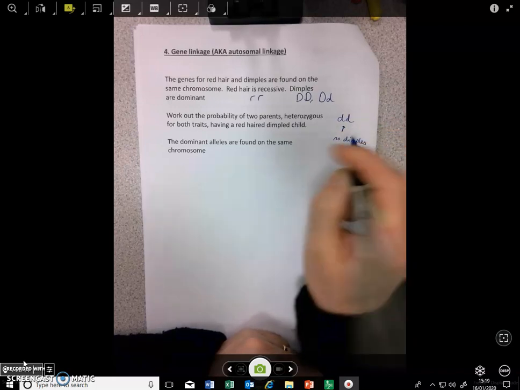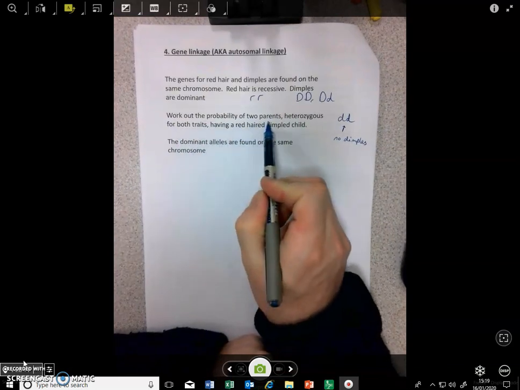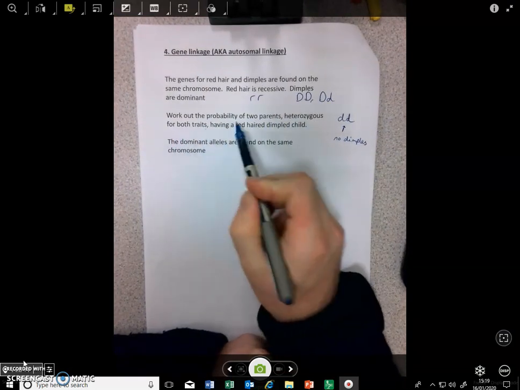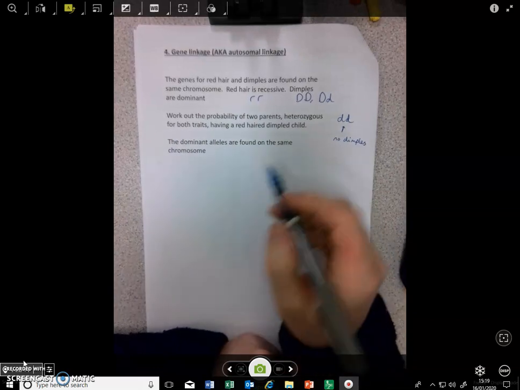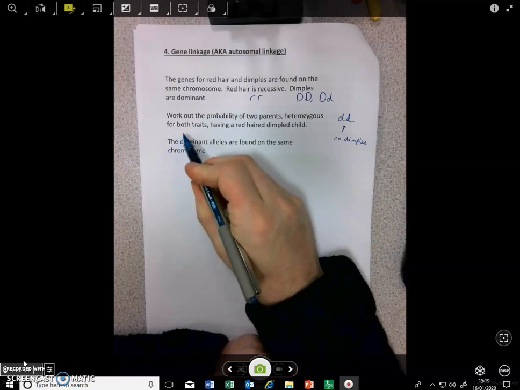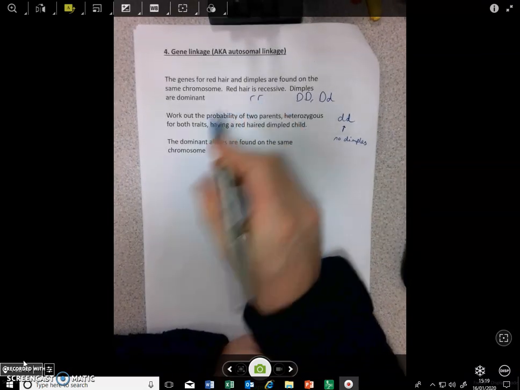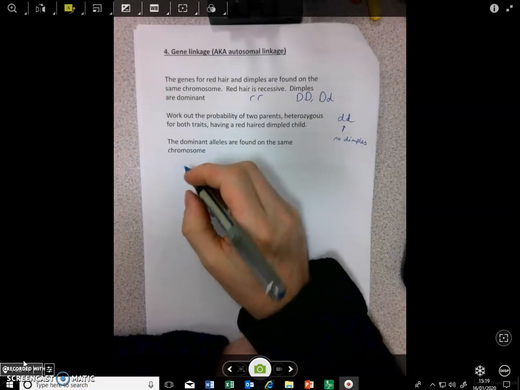Now, we're not looking at these traits in isolation, we're looking at them together. So it says, work out the probability of two parents heterozygous for both traits having a red-haired dimpled child. So let's write out the cross first of all. We know that they're heterozygous for both traits, so they're going to have, well, red hair is recessive, so they're not going to have red hair.